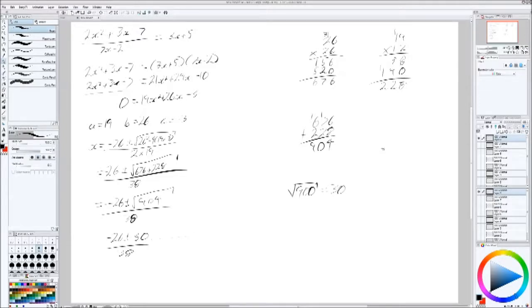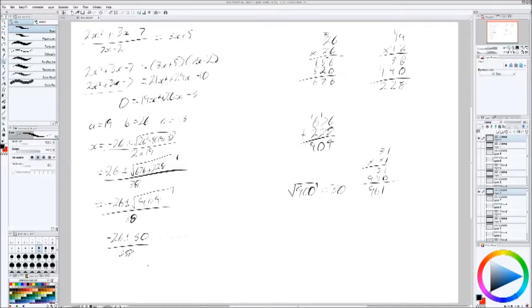Because what, 31 squared? 1 times 1 is 1, 1 times 3 is 3, 0, 3 times 1 is 3, 3 times 3 is 9, so 961. So the next closest square number is 961, which is quite far away, so we can round it to 30.